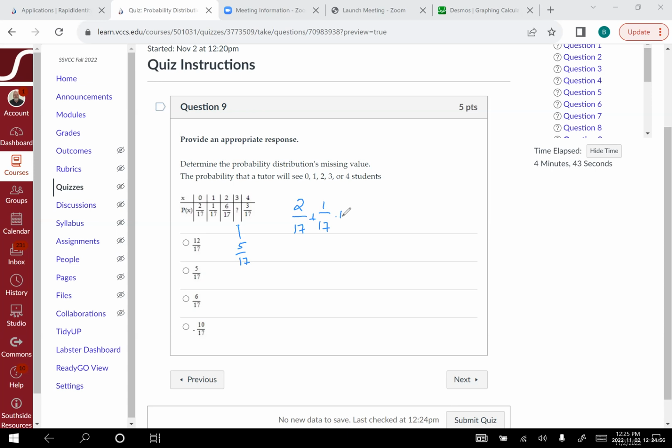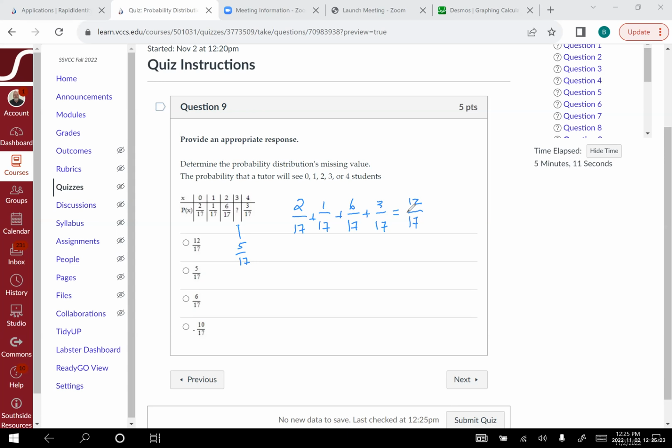These are the ones we were given. This is a good reason not to reduce. These fractions don't reduce, but it's a good reason not to reduce them ahead of time. It's a whole lot easier to add fractions when they have a common denominator. So if I add all those up, I get 12 out of 17. Then the question becomes, how much more do I need to get to 1, which would be 17 over 17?